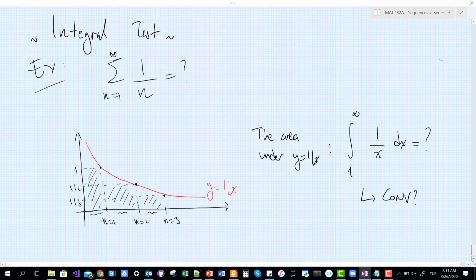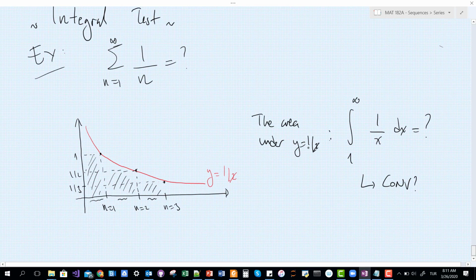What's the relation? If this area under the curve, under this function, is convergent, look at that, since the area for all the rectangles is going to be less than the area under the curve, the series is going to be convergent, since it is less than something which is convergent.